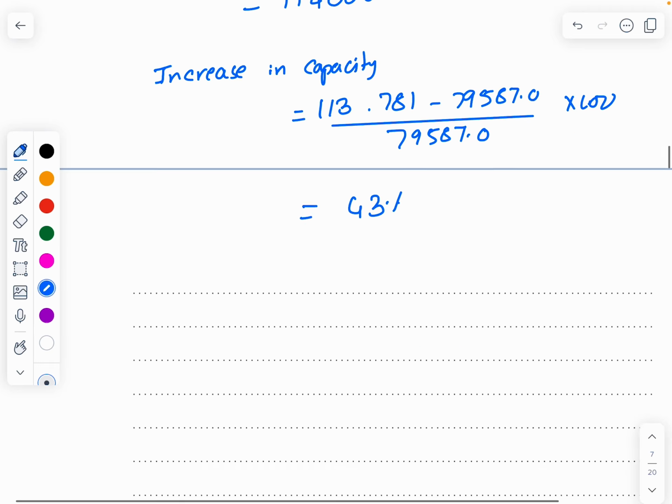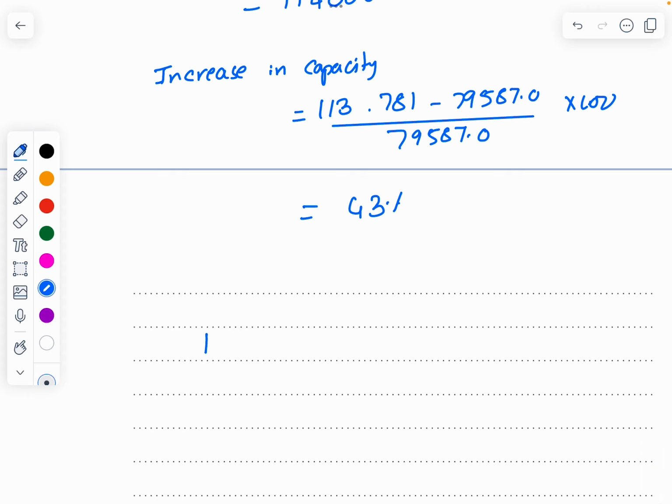If at all you don't want to do it that way, another way is 40% more is 1.40 times 79,587, which gives you 111,421.81. So that's going to be the answer.